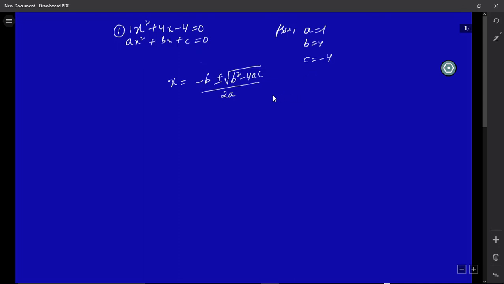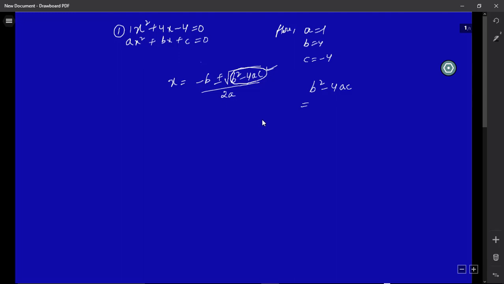Before we start making use of the quadratic formula, we will have to find the discriminant. This b square minus 4ac is known as the discriminant. If the value of b square minus 4ac is greater than 0, then we get real roots, and we can make use of the quadratic formula to find the roots.